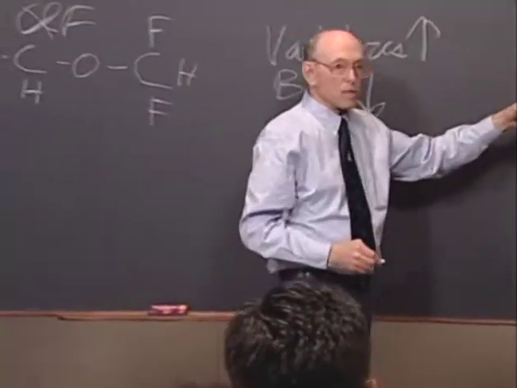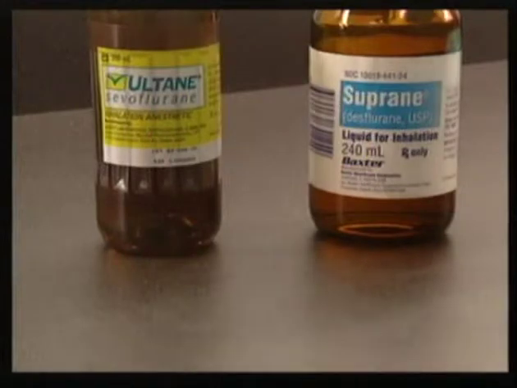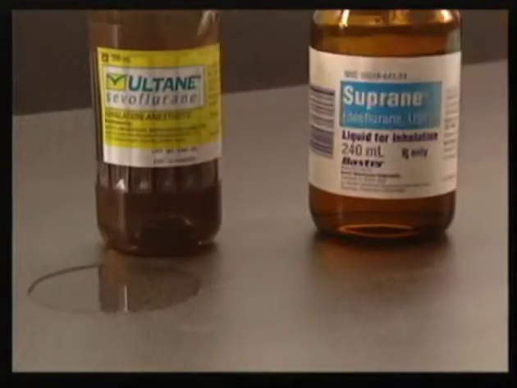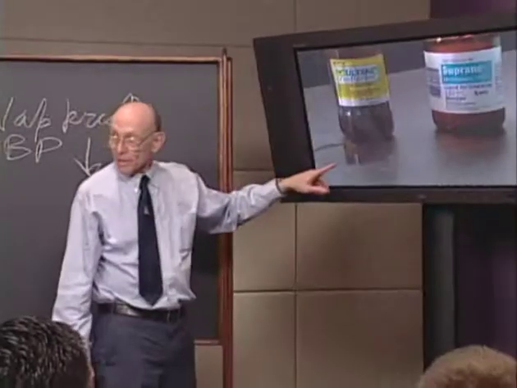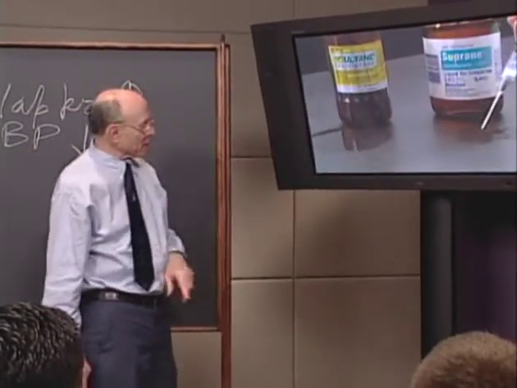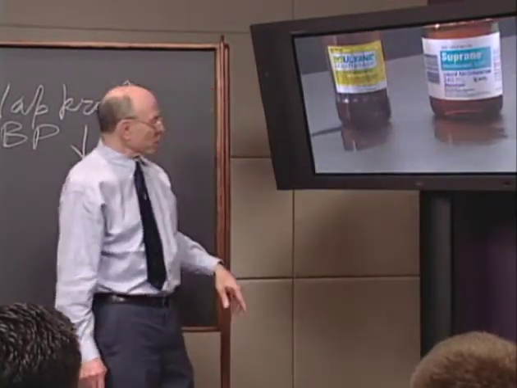And we've got an illustration of that, which we'll see on this plasma screen. So we've got sevoflurane, and we've got Suprane. And that's Quinn's hand, injecting some sevoflurane right on the tabletop there. And now he's injecting some desflurane. And watch the difference between these two.